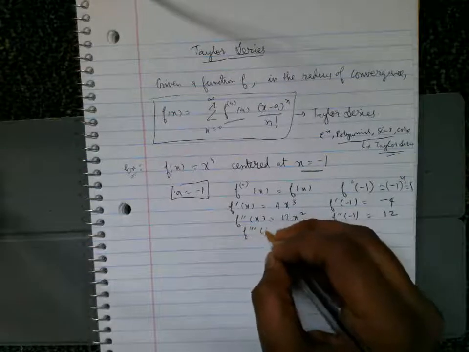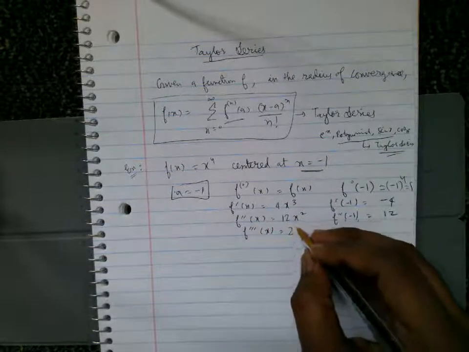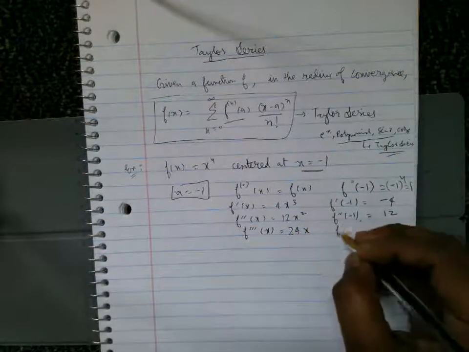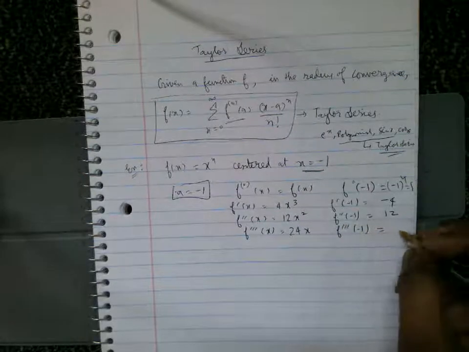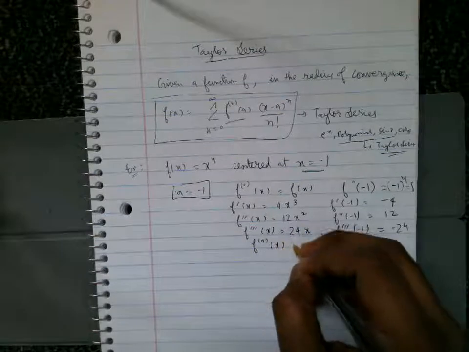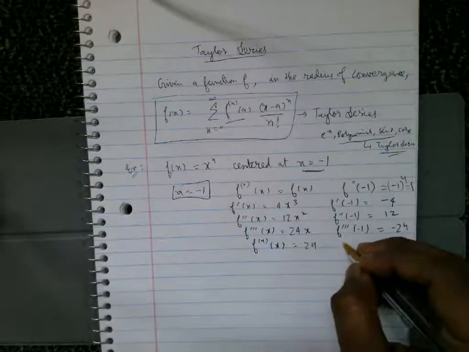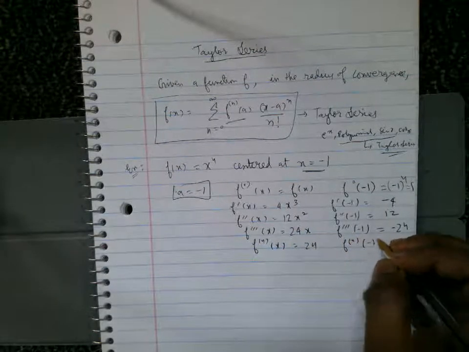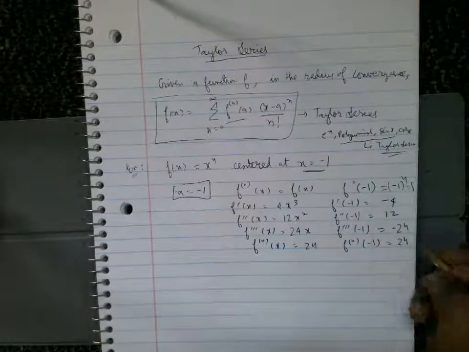F triple prime of x is 24x, so f triple prime of minus 1 is minus 24, and the fourth derivative of x is 24. So the fourth derivative evaluated at minus 1 is just 24.